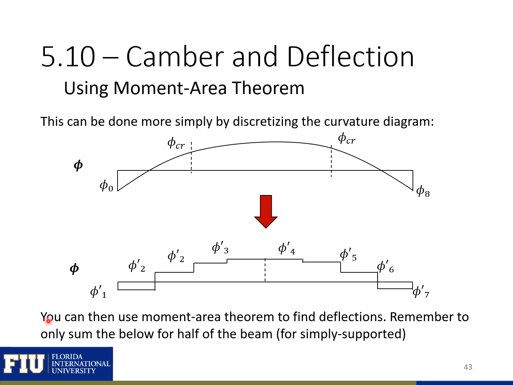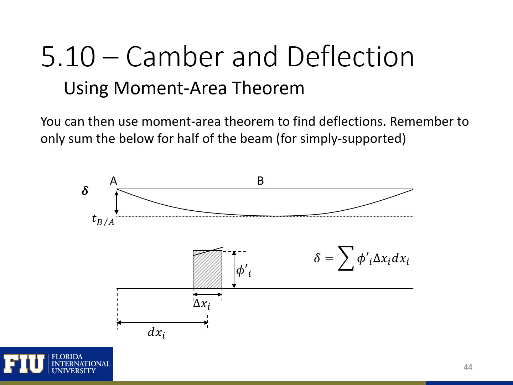So for a simple support, remember that we would only sum the below for half of the beam. So here's the equation that you can use if you have a simple support to find the deflections. But again, remember to only use half the beam when you're using this summation.